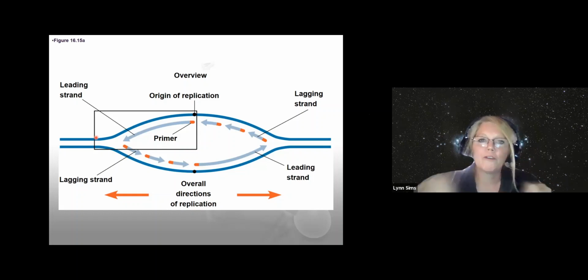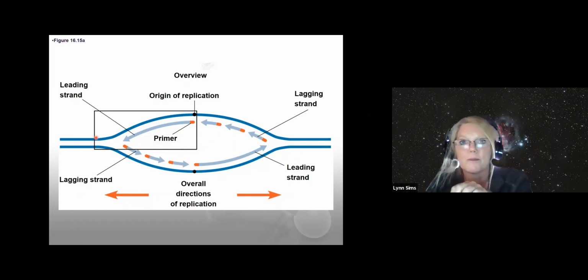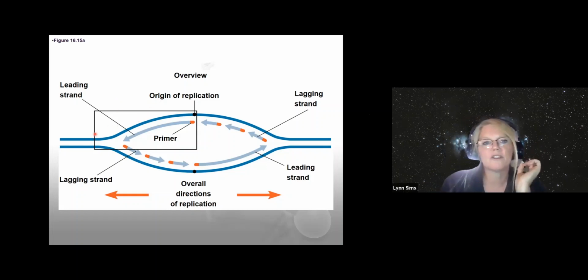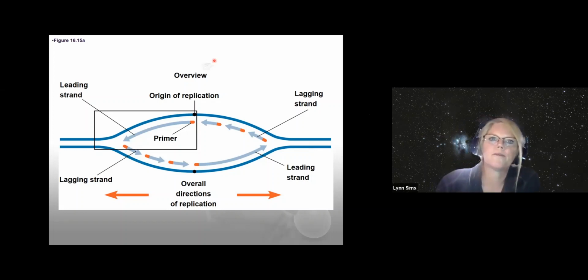Overall DNA replication occurs from the 5' direction to the 3' direction. And because these dark blue strands are in opposite directions, this one occurs going this way, and this one occurs continuously going this way. Now, this leading strand, again, occurs continuously.